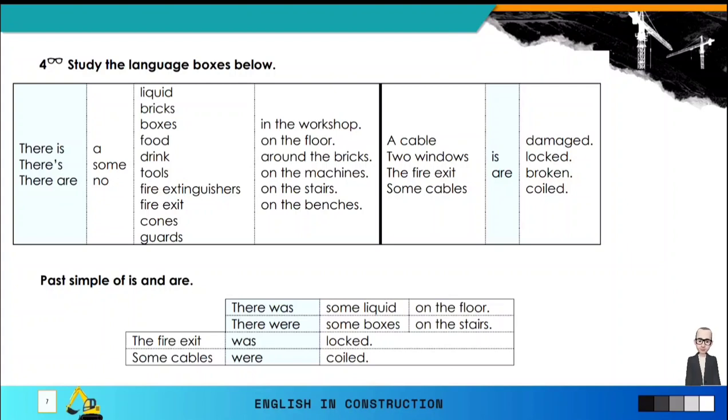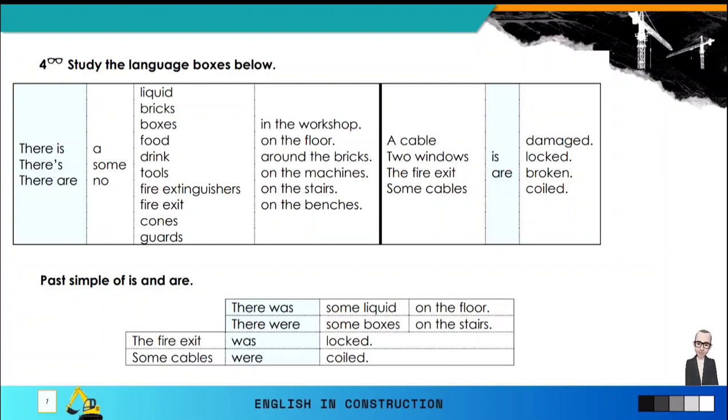On the right side you will see a cable is coiled, 2 windows are broken, some cables are damaged.